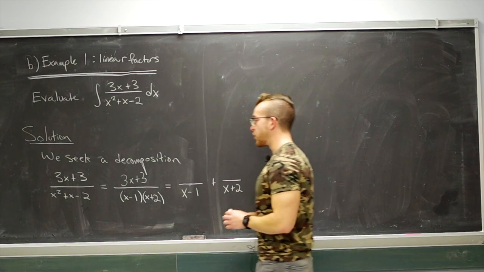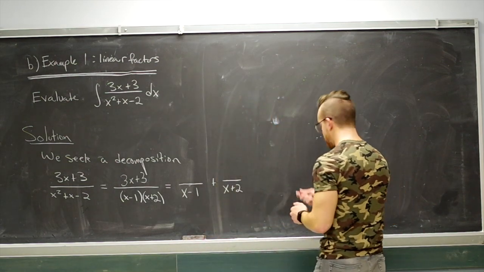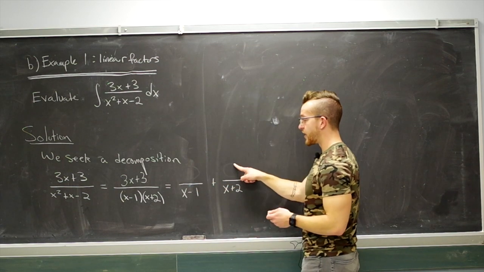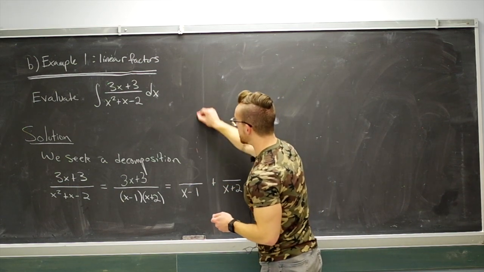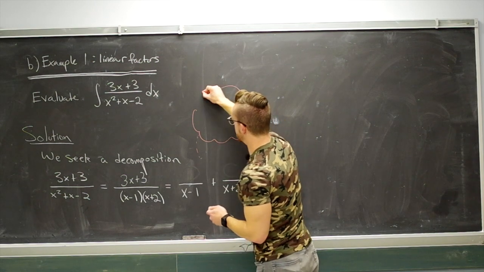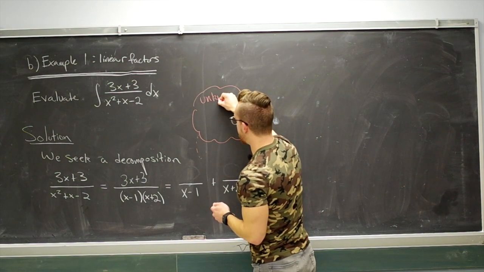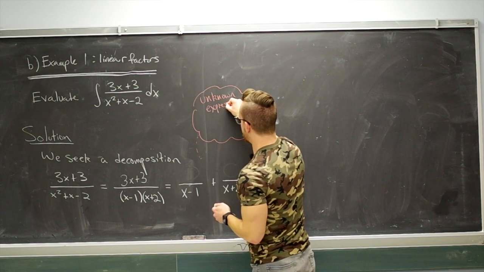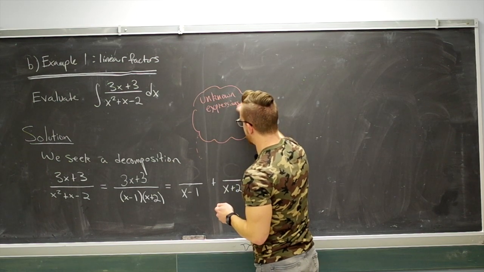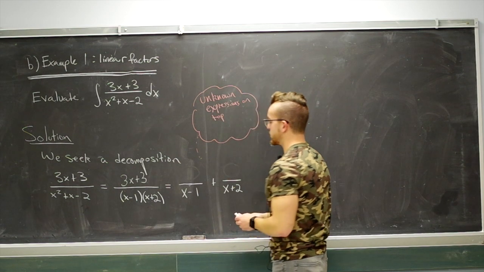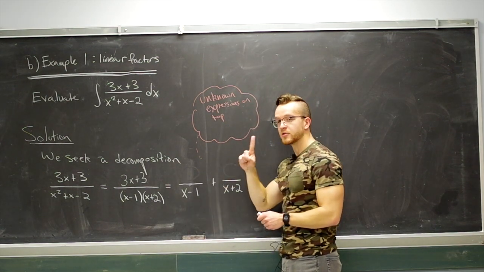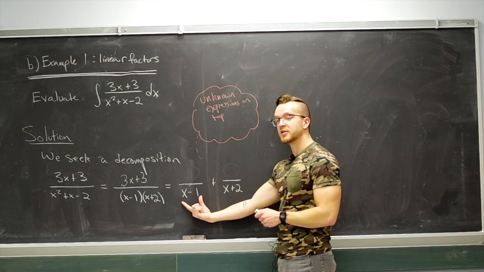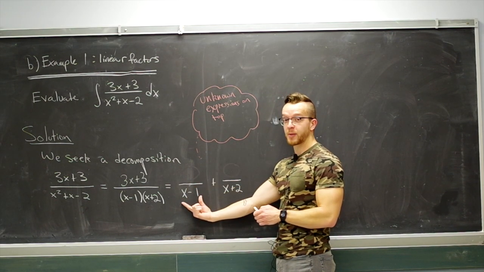Now, one important principle to keep in mind when you do partial fractions is that the unknown expressions on top need to be, so let me write this down. Unknown expressions on top should be 1 degree smaller than the degree of the factor in the denominator.